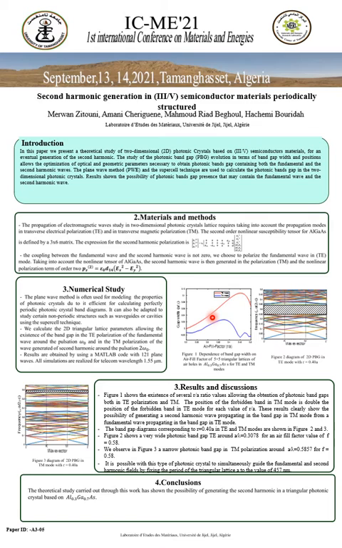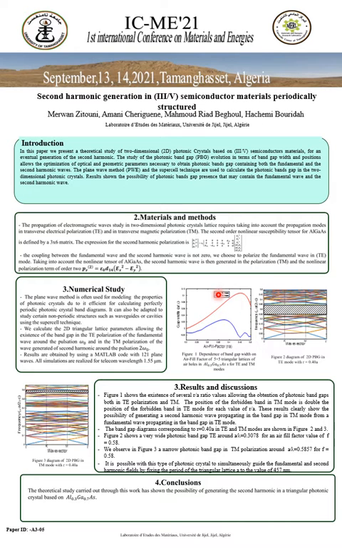All simulations are realized for telecom wavelength. We clearly observe in Figure 1 the existence of several ratio values allowing the obtention of photonic band gaps both in TE polarization and in TM polarization.